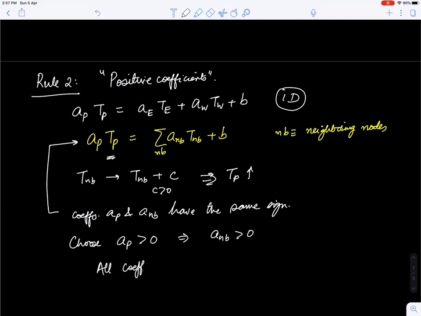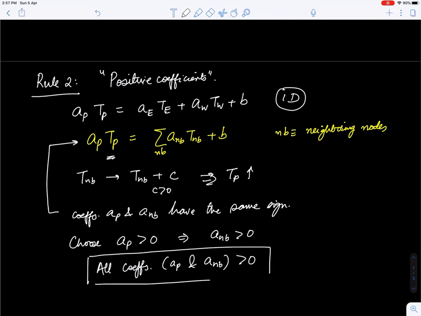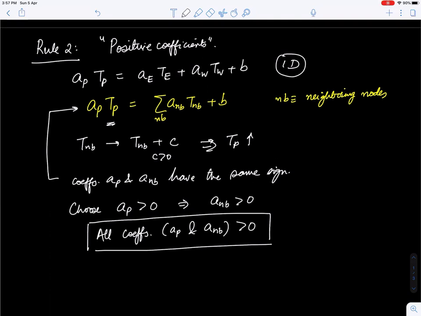So the second rule, in a nutshell, says that all coefficients, AP and ANB, should be greater than 0. That is the second rule. If we maintain this rule, we will get physically realistic solutions and overall balance.